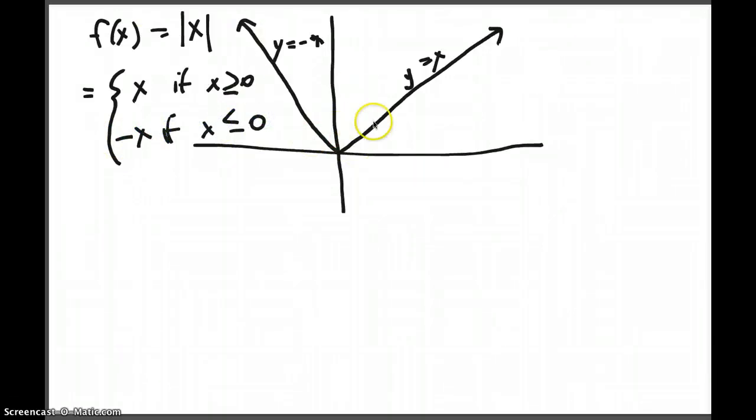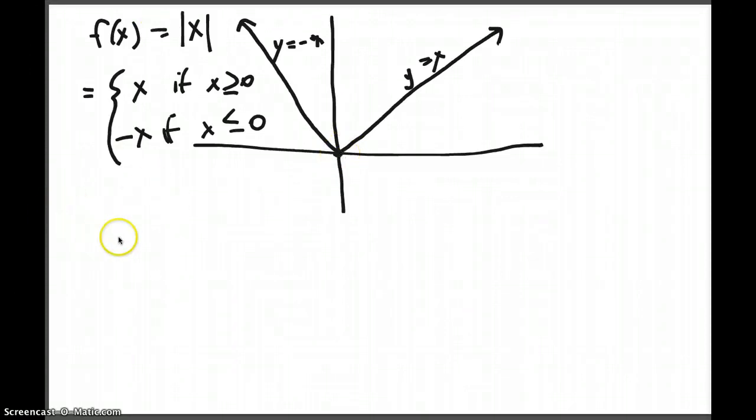Now, if you take a look at this function, the slope from the right-hand side is a positive 1. The slope from the left-hand side is a negative 1. Therefore, at x equals 0, this function is not differentiable, but only at the point x equals 0.